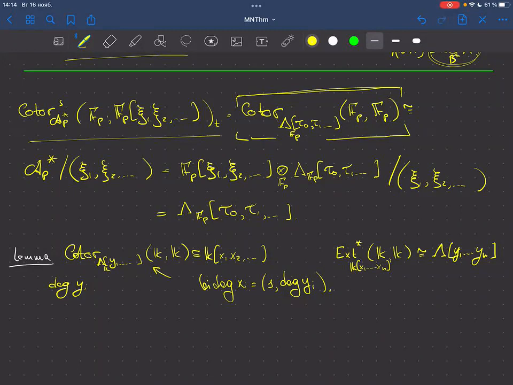So this thing is isomorphic to Fp of Q0, Q1, etc., where Qi lies in Cotor 1 from Fp to itself, and it has degree 2p minus 1. Okay, does it make sense at this point?